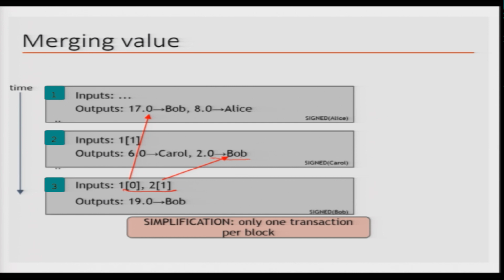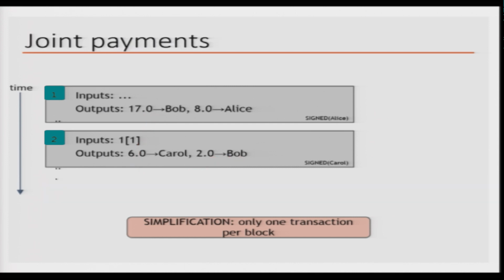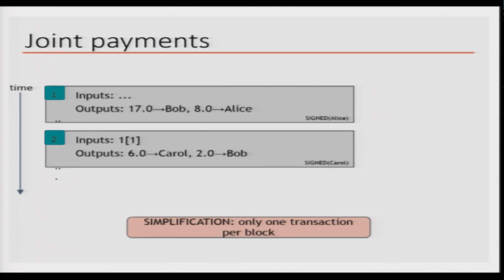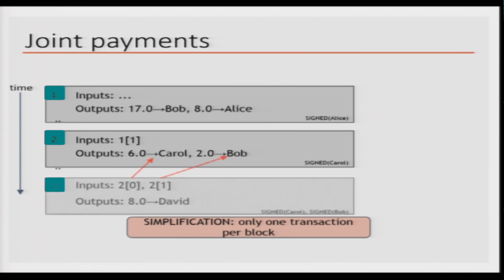So, now we can also do joint payments, that is, if I do not have enough coins myself, but a friend and I together decide that we will be using our coins together to buy something, we are allowed to do that. So, the joint transaction looks like this. Let us say I have 2 transactions here.